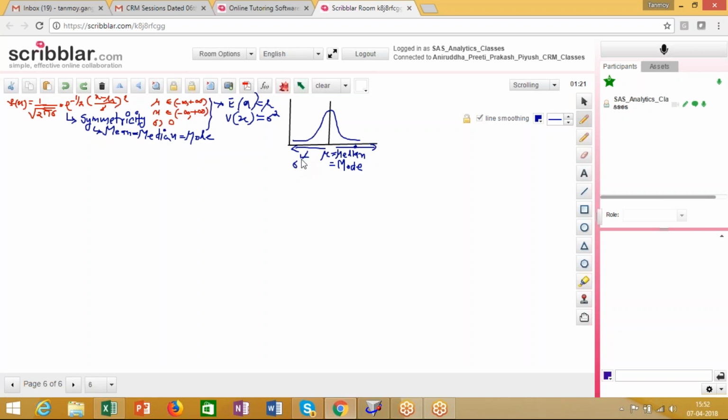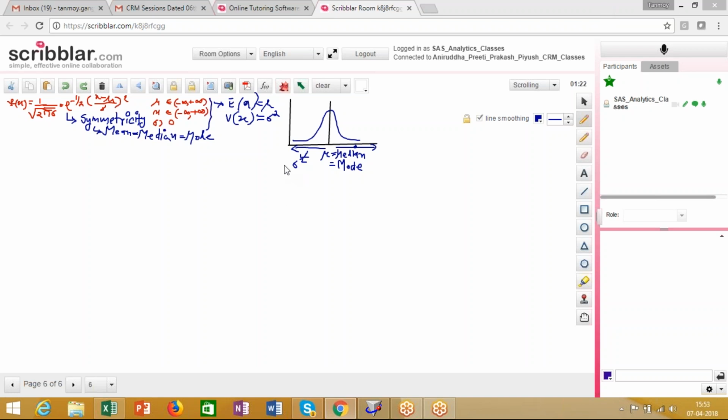I mean the variance about this is sigma square.